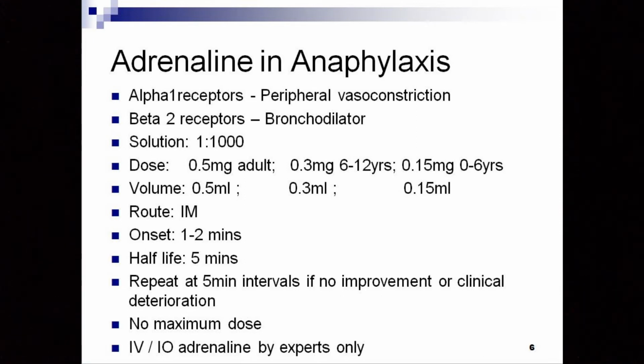The onset of action of adrenaline in anaphylaxis is approximately 1 to 2 minutes, but the half-life is only 5 minutes. Therefore, if your patient has not improved or is clinically deteriorating at 5 minutes, repeat the dose. You can give adrenaline until the patient improves or suffers a cardiac arrest. There is no maximum dose of IM adrenaline.